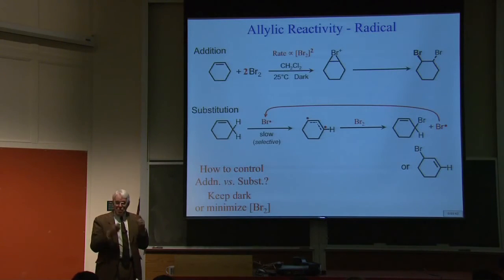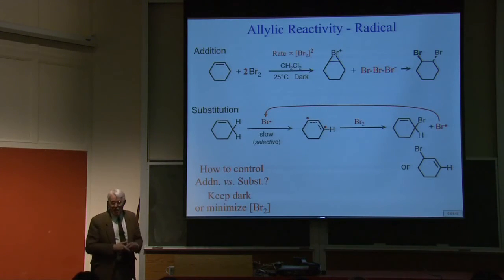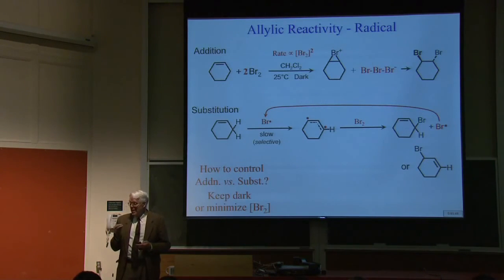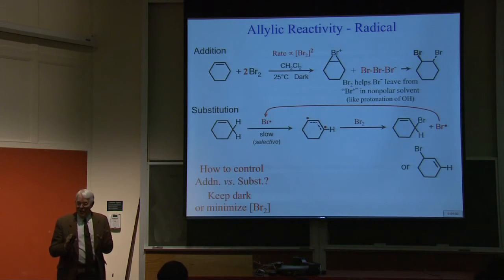In fact, Br minus is stabilized by reacting with Br2 to give Br3 minus. So the second Br2 helps the bromide leave from Br plus in a nonpolar solvent like this. So it's second order.